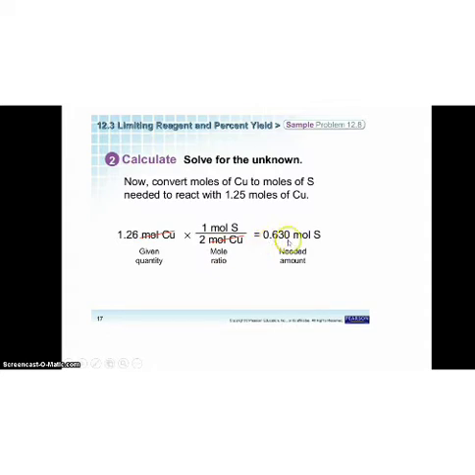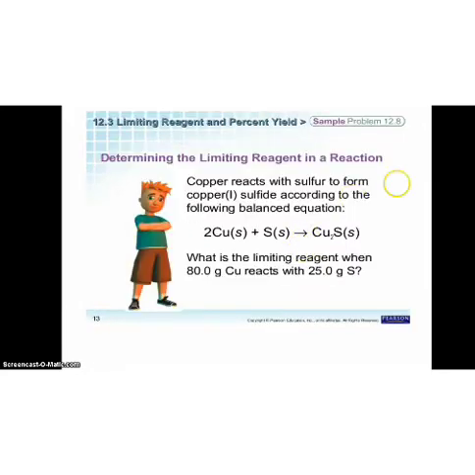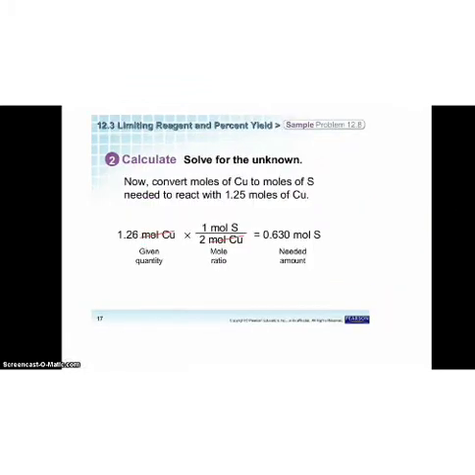How much sulfur is required? 1.26 divided by 2, that is 0.630.